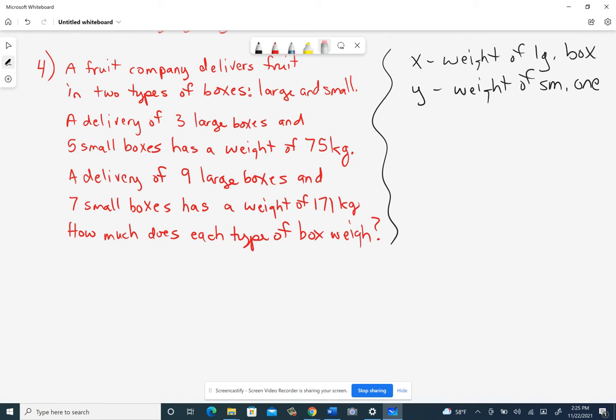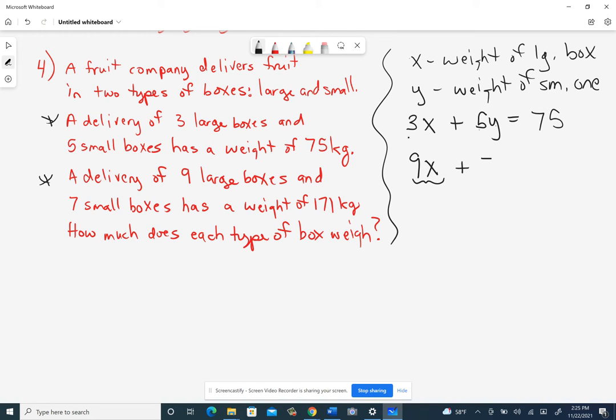All right, then you see this sentence right here, a delivery of 3 large boxes. So if I have 3 large boxes that weigh X kilograms each, 3X would be the weight of those large boxes. I've got 5 small boxes, they weigh Y kilograms each, so 5 times Y is the weight of the small boxes, and altogether it's supposed to weigh 75. Then this sentence says a delivery of 9 large boxes that weigh X per box. So that's the weight of all 9 of the boxes.